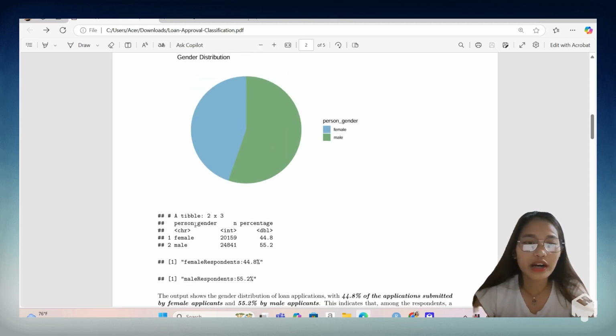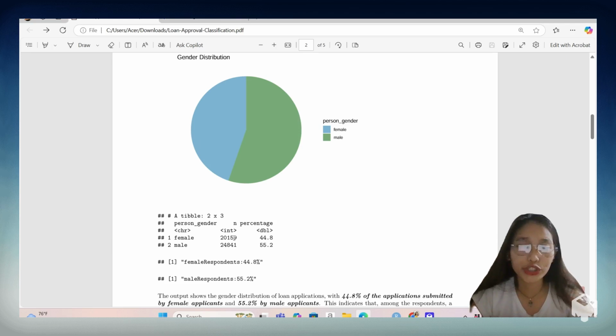As we can see, the female group contains 20,159 applicants, and we also have 24,841 male applicants. As we can see in the pie chart, there is a higher proportion of male applicants than female.